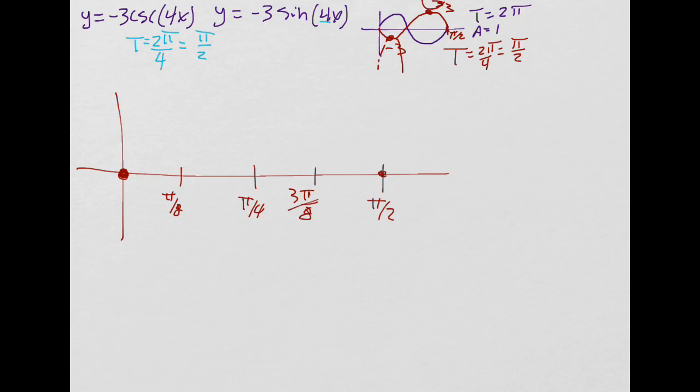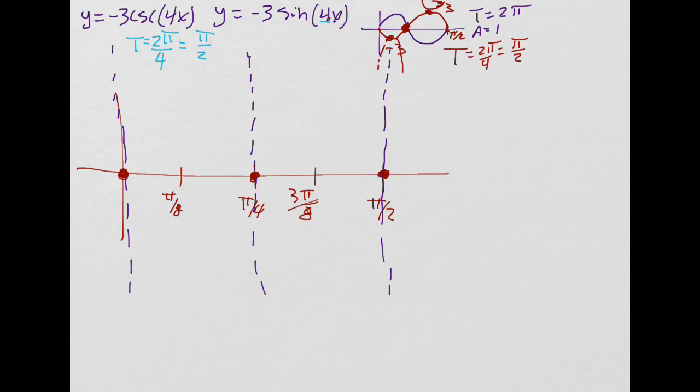And I know my period is pi over 2, so I also have to have a 0 there. And I know that halfway between those 2 points, I'm also going to have a 0. Okay, so now I can use that to sketch in asymptotes. Because remember, cosecant is 1 over sine, so we're going to have 1 over 0 is undefined.